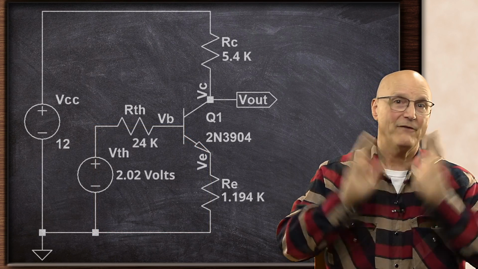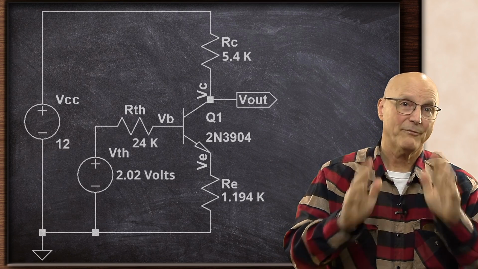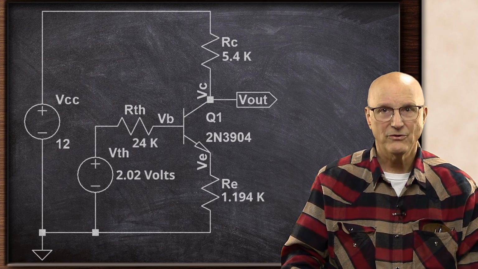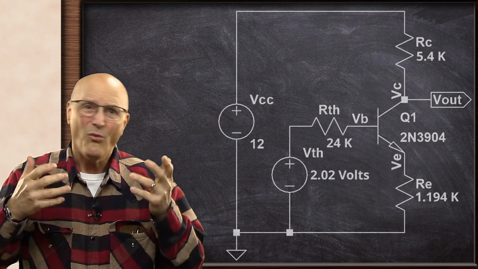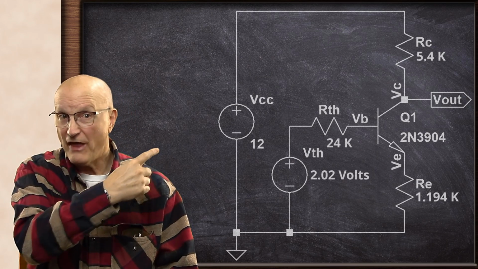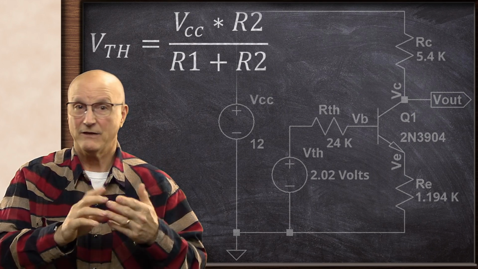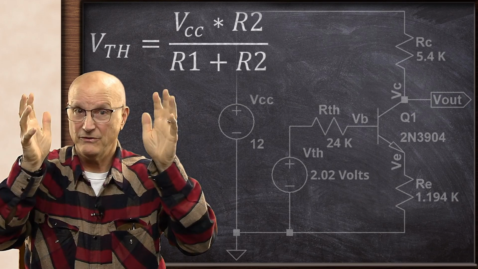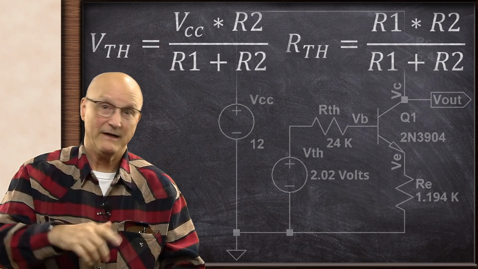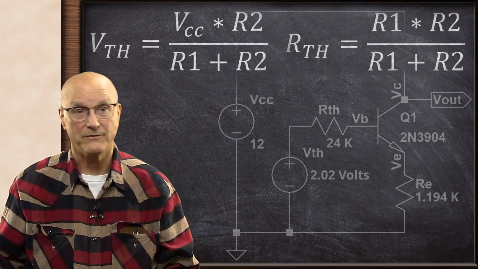Now that we have everything set up with the Thevenin equivalent values, we can begin the process of calculating the values of R1 and R2. So where do we begin? We start by reminding ourselves of the Thevenin equations, which tell us that V Thevenin is equal to VCC times R2 divided by R1 plus R2, and R Thevenin is R1 times R2 divided by R1 plus R2.